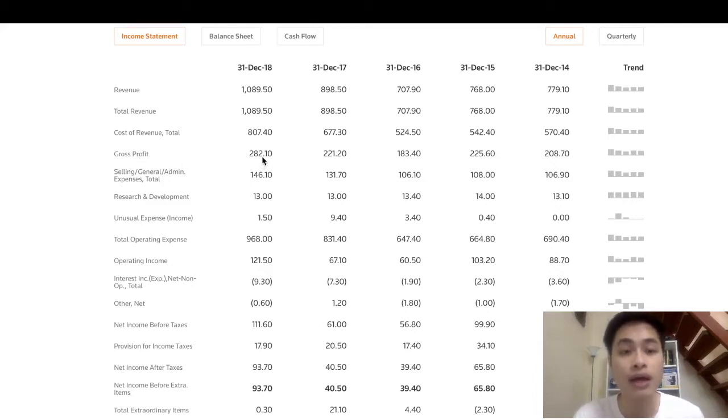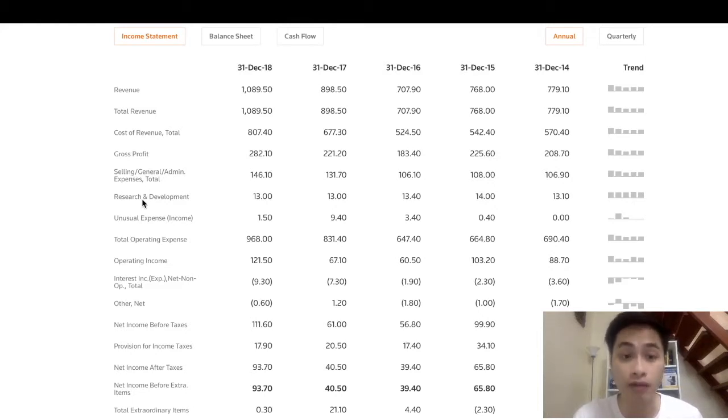After getting the gross profit, we minus the operating expenses, and minus the tax expenses plus interest income. Then we will arrive at the net income or net profit of a company. As you can see, these are the operating expenses. The selling, general, and admin expenses are part of operating expenses.